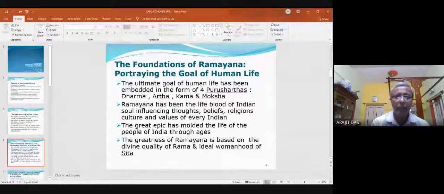It has been described as the lifeblood of the Indian soul, influencing the thoughts, beliefs, religious culture, and values of every Indian. The greatest epic has molded the life of the people of India through ages. The greatness of Ramayana is based on the divine quality of Rama and the ideal womanhood of Sita.